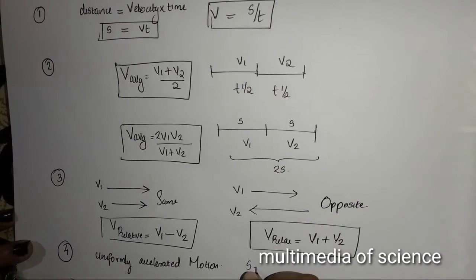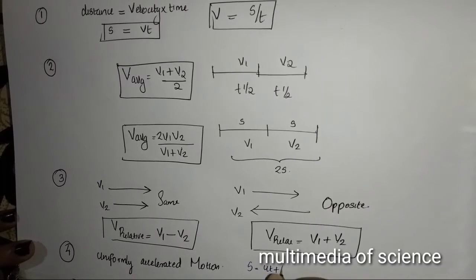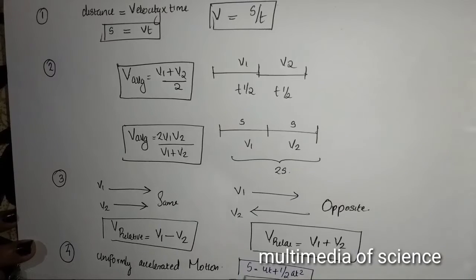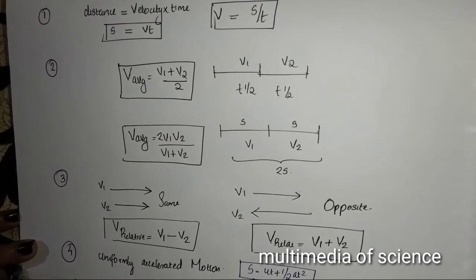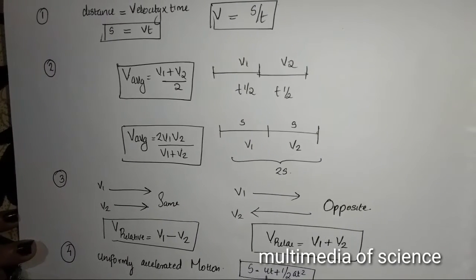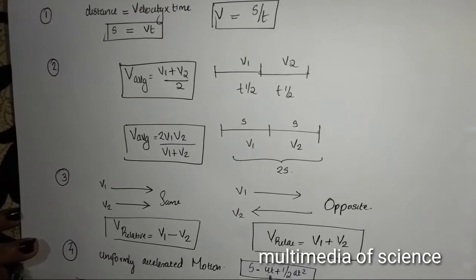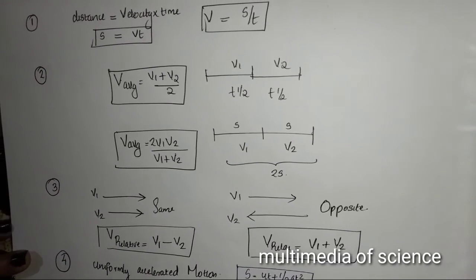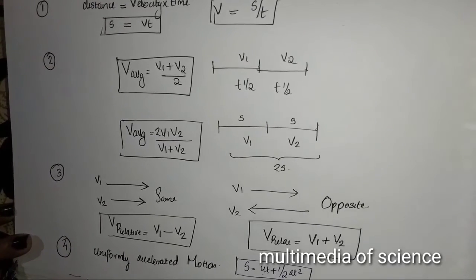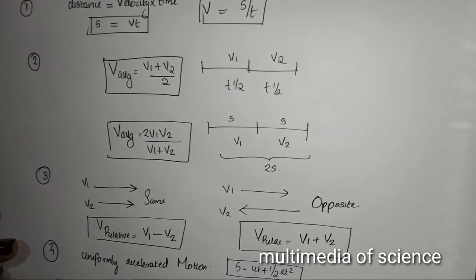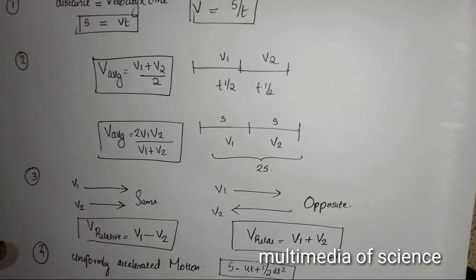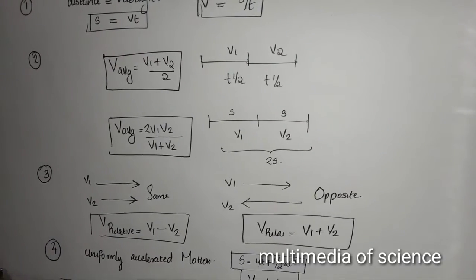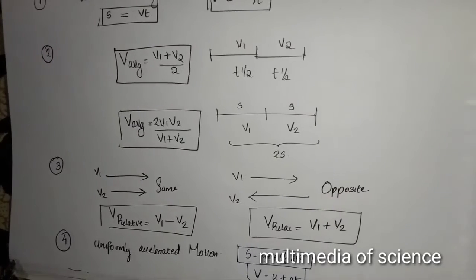S is equal to ut plus half at square. Here s is the displacement, u is the initial velocity, t the time, a the acceleration. Clear? Next, the final velocity v is equal to u plus at. Here u is the initial velocity, a acceleration, t time.